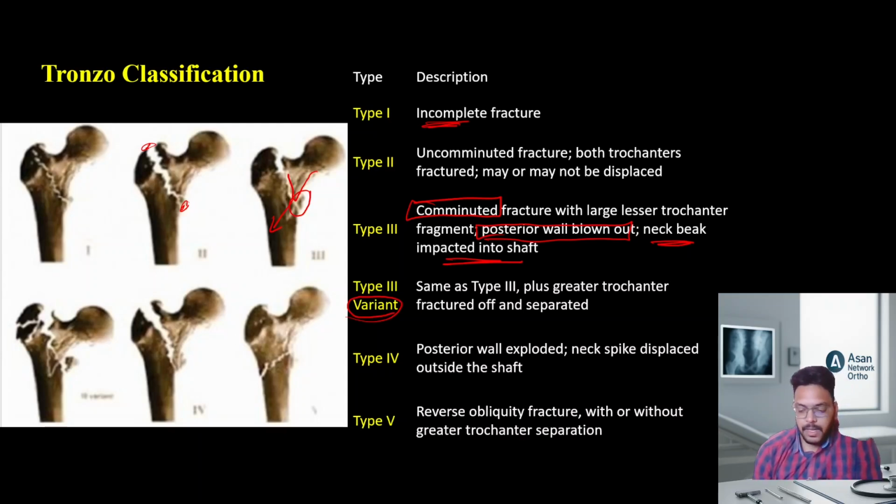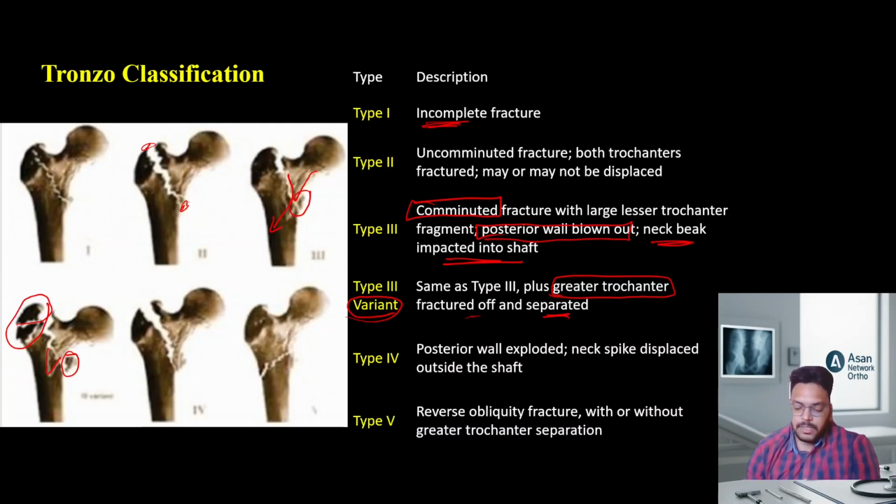same as type 3, but the greater trochanter has been fractured and separated. Similarly, there is a beak that has been impacted in the shaft and a large lesser fragment. This is the type 3 variant.